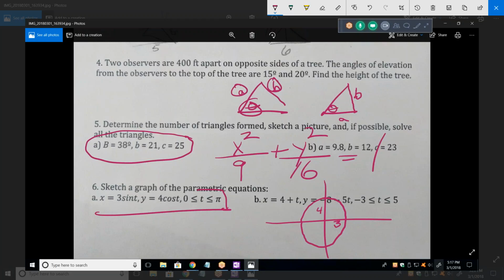Since we're sketching it, now that domain comes into play. When you sketch a parametric equation, there's an arrow on it. And the question is how many times do you go around that circle as t goes from 0 to pi?